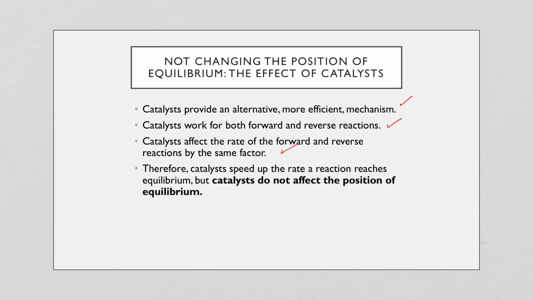What it might do is speed up how fast we reach equilibrium, but it's not going to change the position of equilibrium. In other words, it's not going to affect the value of K or change the equilibrium concentrations of that reaction. It's going to speed up how fast it gets us there, but it does not affect the position of equilibrium.